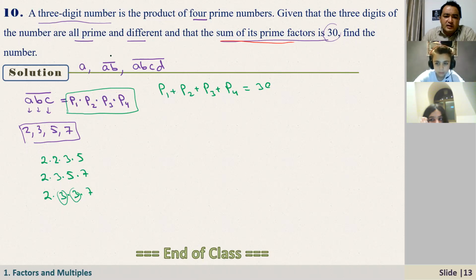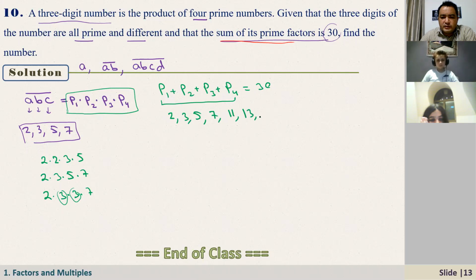Anyway, find the number. Since it is 30, what may be the possible values of these numbers? If you write the prime numbers, here we have 2, 3, 5, 7, 11, 13, 17, 19, 23, and 29, for example, right? So 29 plus any three numbers here equals 30, it's not possible, right?